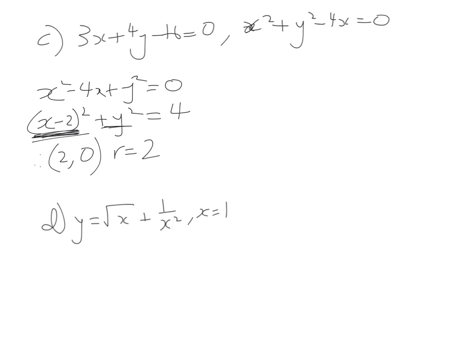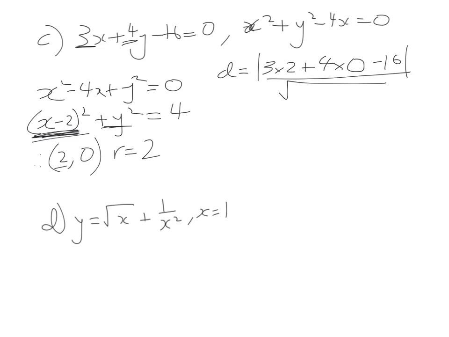Now if we use the perpendicular distance formula, a, which is 3, times x1, which is 2, plus b, 4, times y1, plus c, which is negative 16, the absolute of that, over square root of a squared plus b squared, which is 3 squared plus 4 squared, which equals, we get 6 minus 16 equals negative 10, all over square root of 25, which is 5.